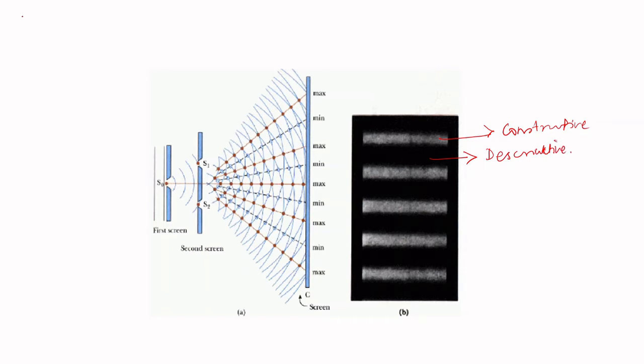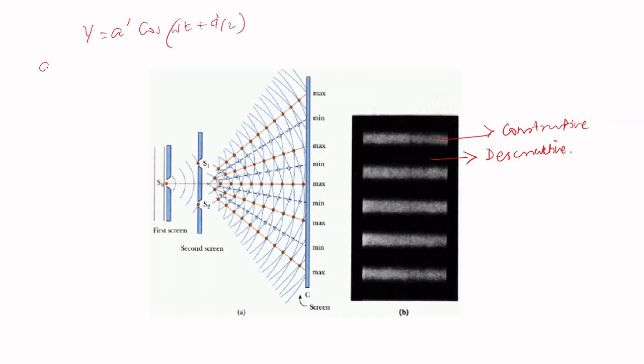Now we will see the conditions of constructive interference and destructive interference mathematically. Earlier, when we discussed the overlapping of two waves mathematically, we got y equal to A dash cos(omega t plus phi by 2).